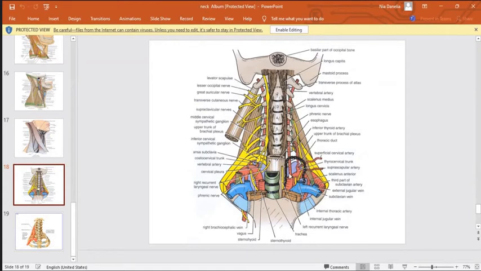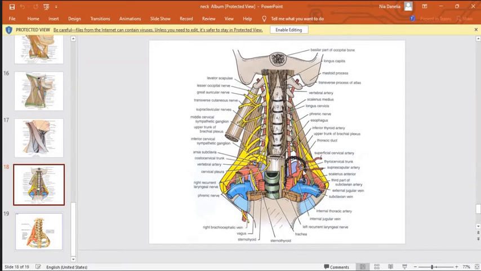The branches which arise from the first part of the artery are vertebral arteries, and we see on the picture vertebral arteries which pass in the foramens of the vertebra. Then by foramen magnum this vertebral artery enters into the cranial cavity and it takes part in the formation of the Willis circle which supplies the brain.